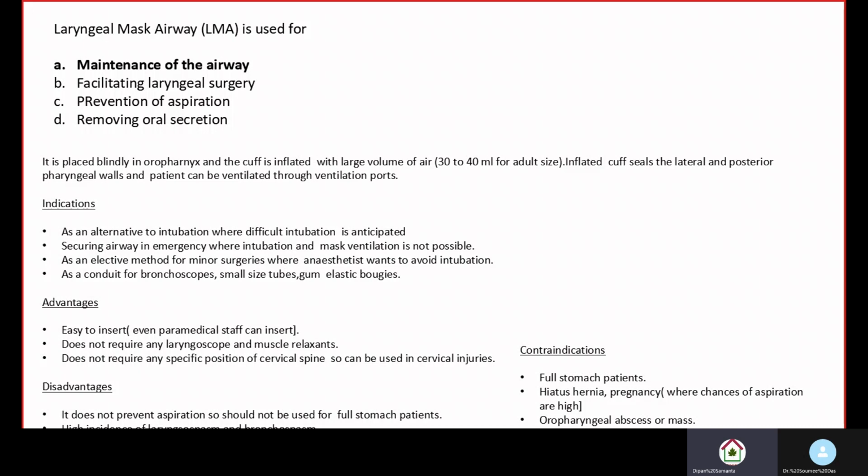It is placed blindly in the oropharynx, and the cuff is inflated with a large volume of air, like 30 to 40 ml for adult size. The inflated cuff seals the lateral and posterior pharyngeal walls, and the patient can be ventilated through ventilation ports. So, this is laryngeal mask airway.